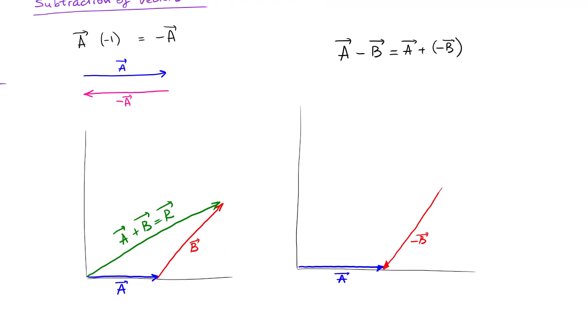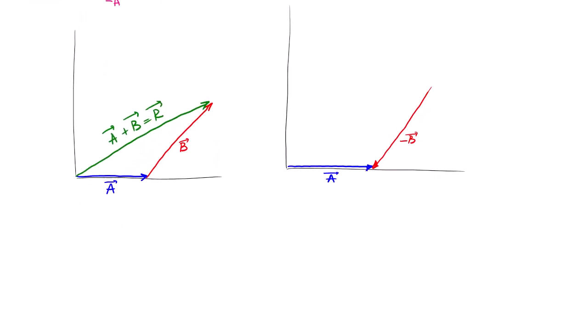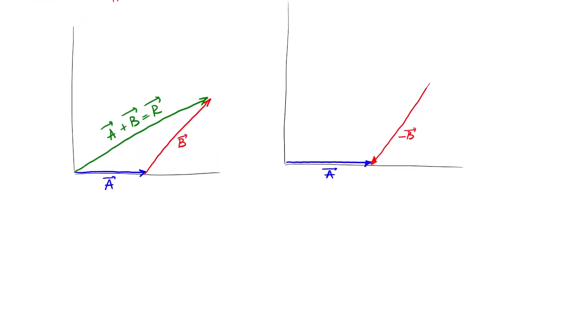But these two vectors are not head to tail. So what I'm going to do is move vector B and put the tail of vector B on the head of vector A. So let me use a different color here for vector B. Okay, so remember the property, I can move the vector in any direction I want to.